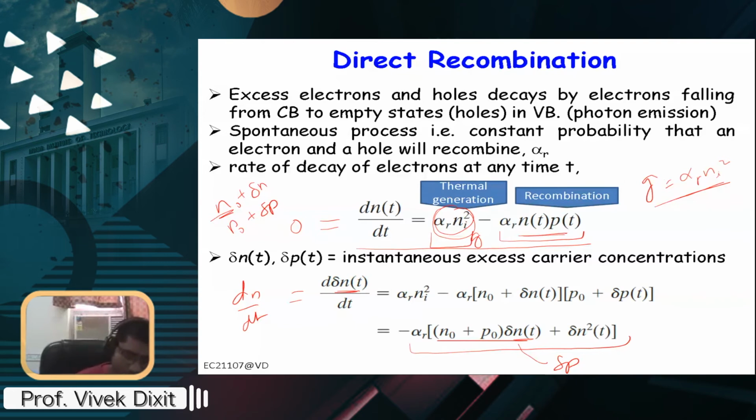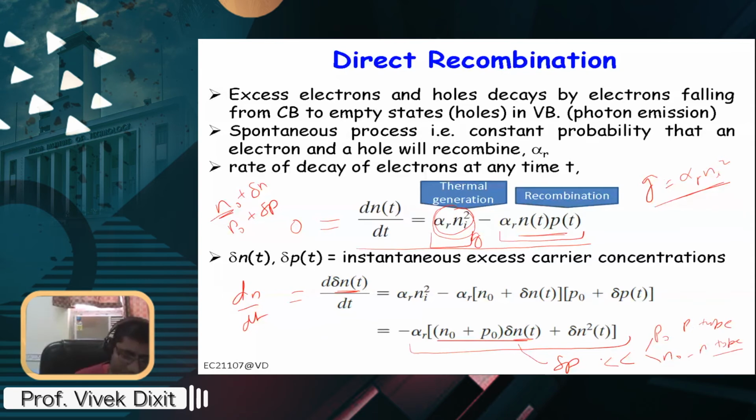Now if the concentration delta n is quite large, you will have to consider the whole equation. But this equation simplifies if we consider low level injection. Low level injection is defined as delta n, delta p being much less than the majority carrier concentration. The majority carrier concentration will be p naught for p type and n naught for n type semiconductor.